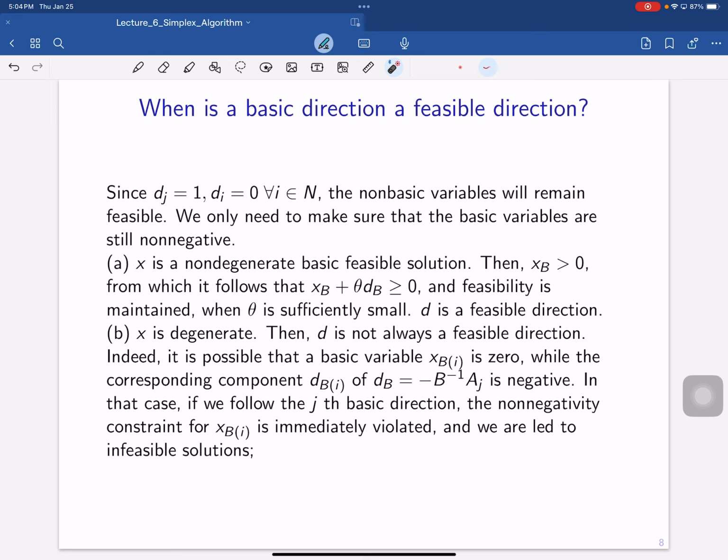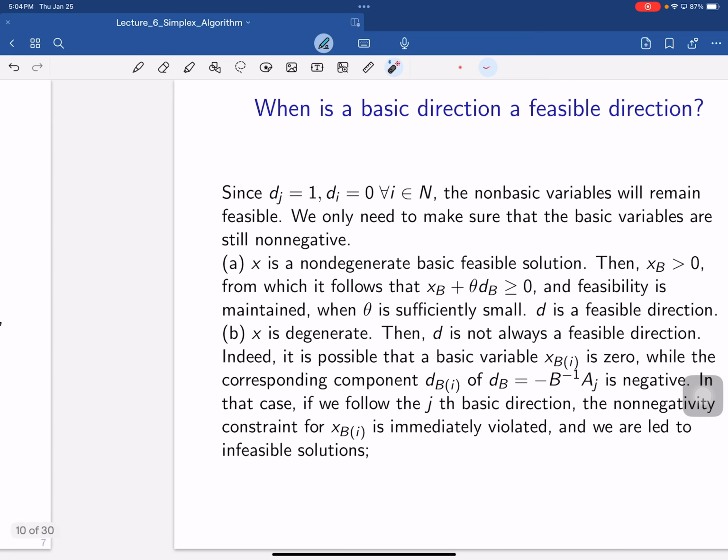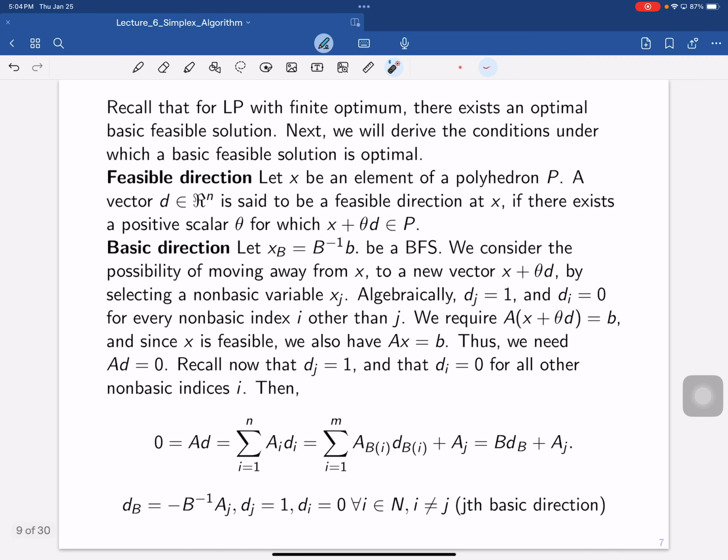So the next question is, when is a basic direction a feasible direction? Remember the definition: there must exist a positive scalar theta such that x plus theta d is still in P, right? The key point is that theta has to be a positive number. Theta cannot be 0, right? When we derived the basic direction, we only made sure that the linear equality constraint is satisfied.